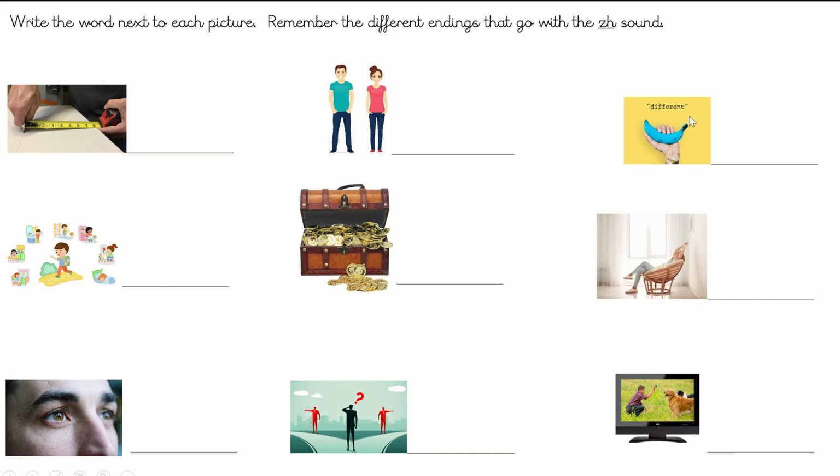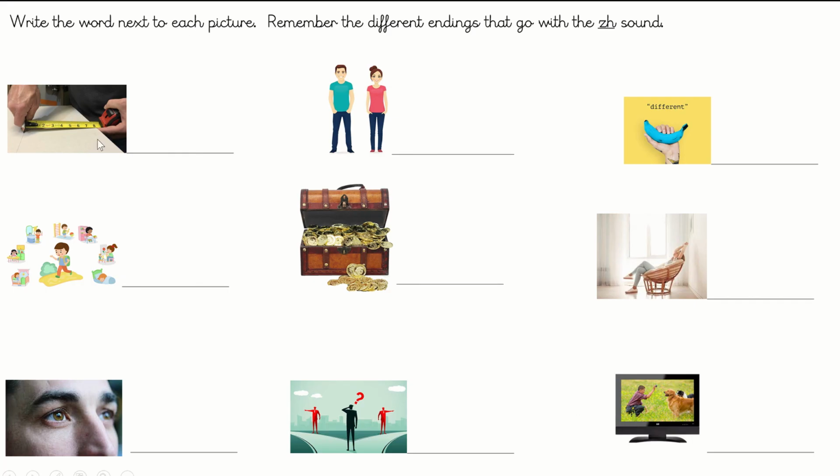Okay, on the top right corner, there is a blue banana with the word different above it. This one was unusual. Underneath is the picture of a lady relaxing in a chair. The word that matches this picture is leisure. And finally, there is this picture of a television, and the word is television. So let's just go back again.